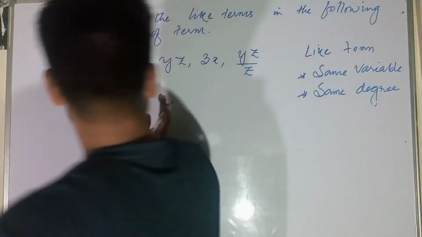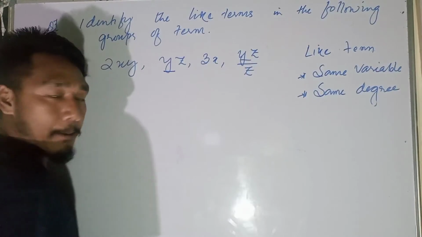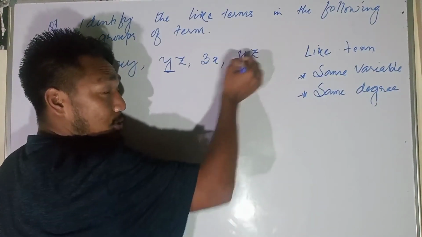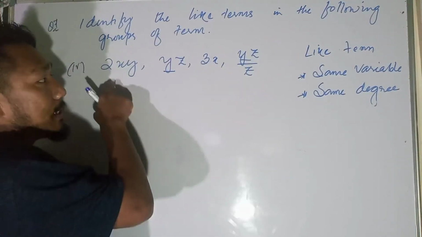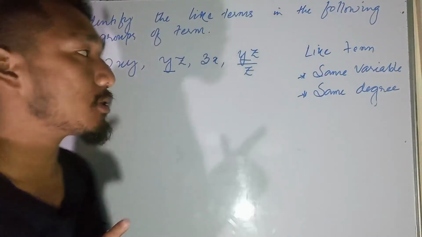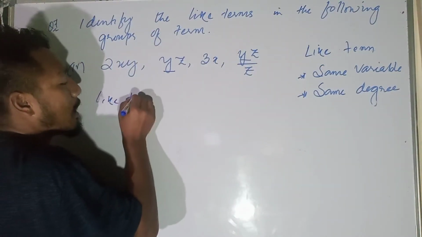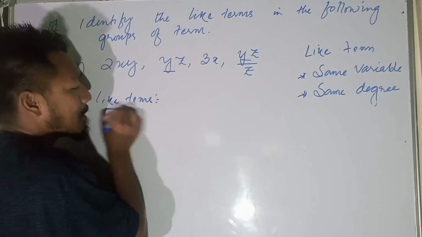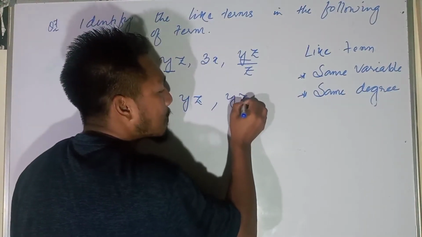This yz and this yz are the same, but if I cancel these two, only y remains, so there is no like term. But as per your textbook's back-side answers, they consider like terms. There is only one like term: yz and yz divided by z.